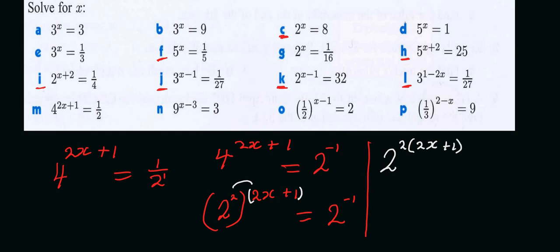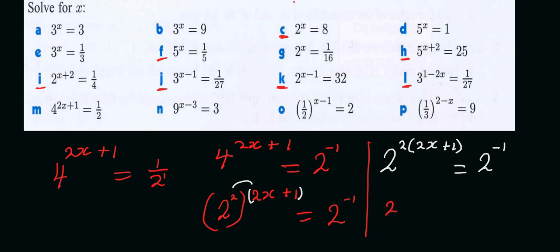Okay, so this will be equal to 2 exponent -1. So now we have the same base, 2 on the left side and 2 on the right side. So now we can equate the exponents.